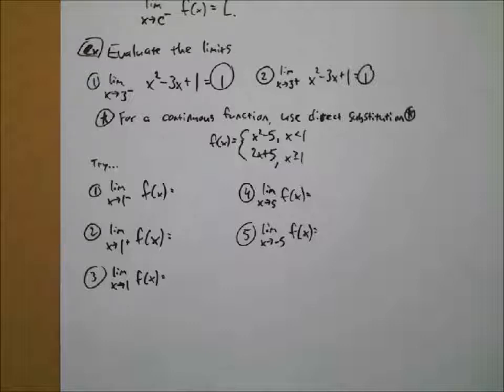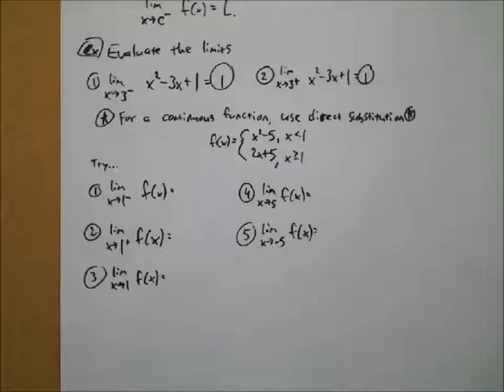So wait, it's gonna be less than one. So for this first one, the answer will be -3. For the second one, the answer is going to be 7. You sub in one, and you have to look at the domain. In the last one, it's using an x.